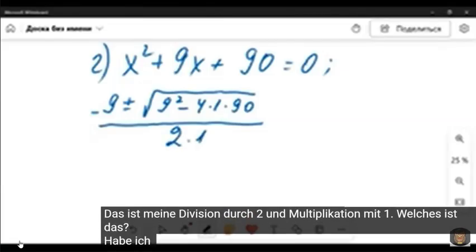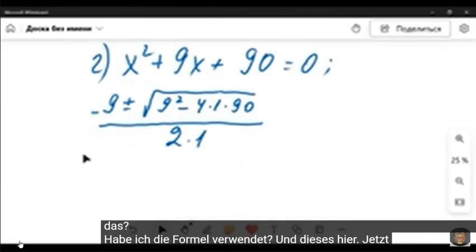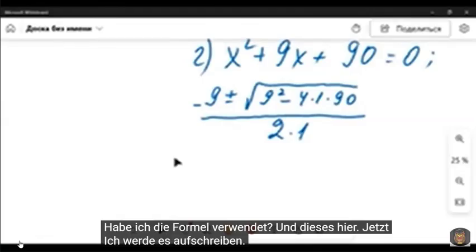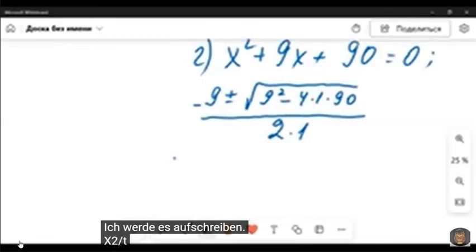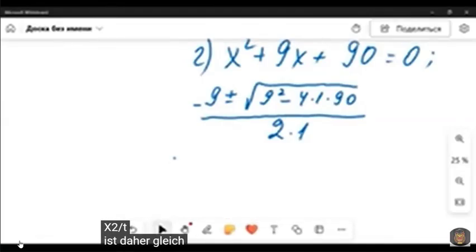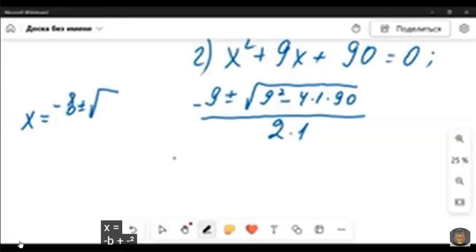What formula did I use? This one, I'll write it down now: x equals minus b plus or minus the square root of b squared minus 4ac, the square root of D, over 2a.